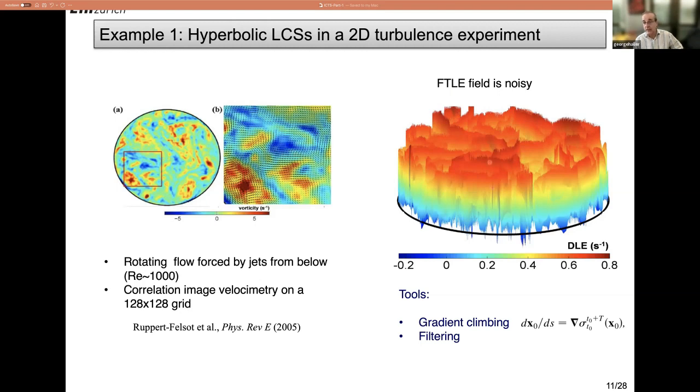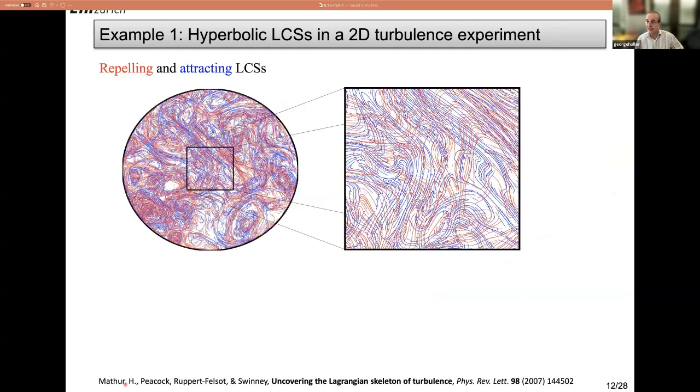So to get to the ridges, you want the ridges themselves, you could use gradient climbing methods. So basically build a gradient system out of this. Sigma is just the FTLE. So then that generates trajectories that actually converge to the ridges, but also you have to filter the ridges themselves as well. And since I'm not showing the reference, this is the unexpected, very direct connection with this workshop.